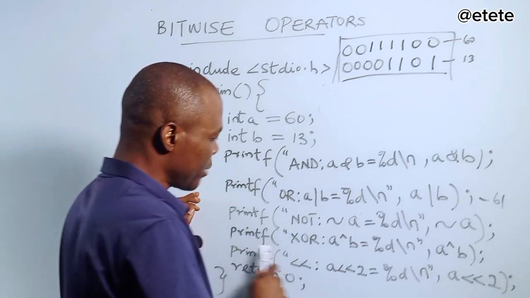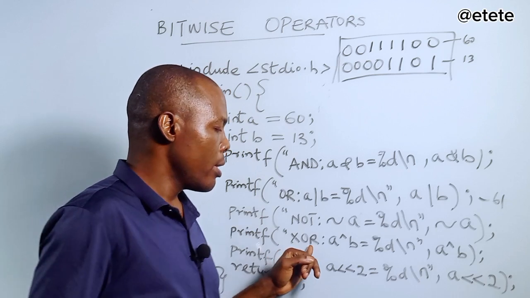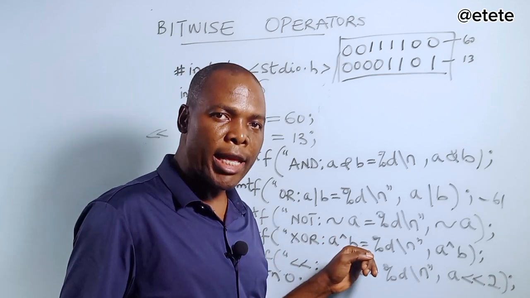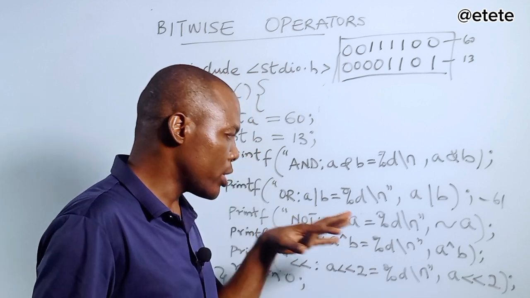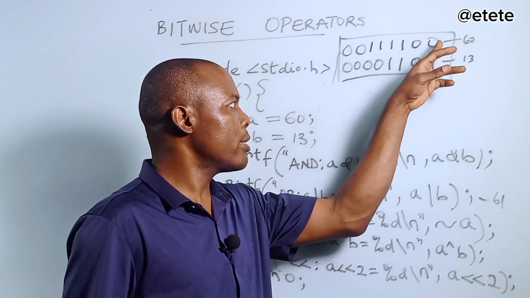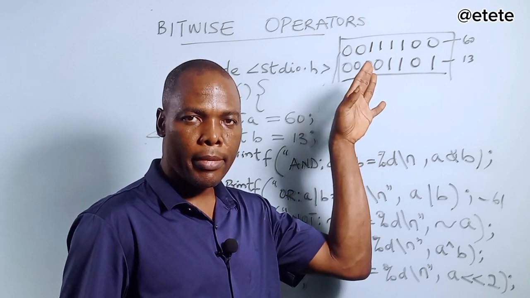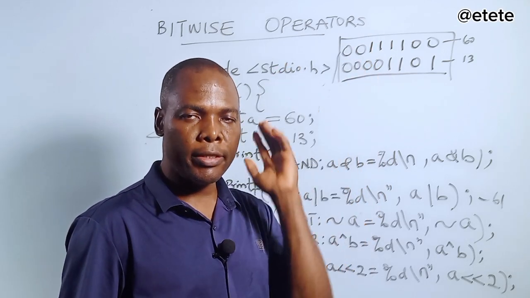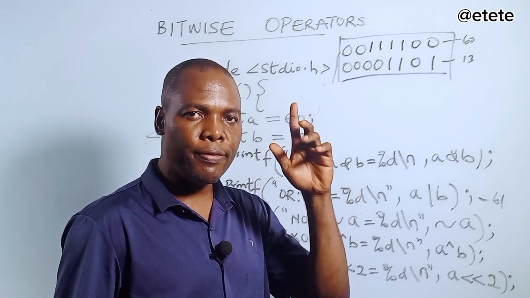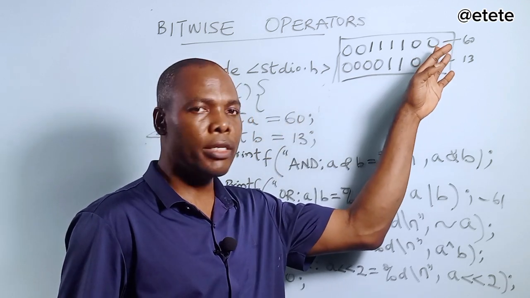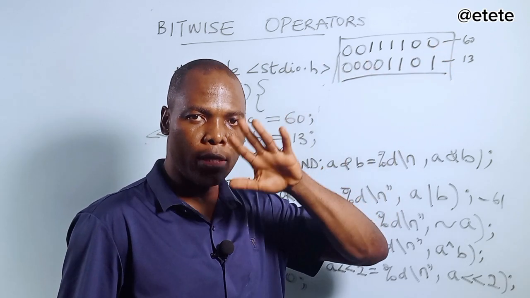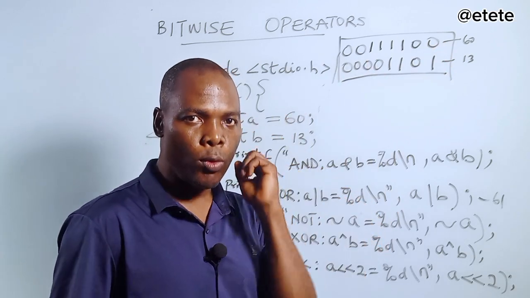All right, so to explain this exclusive OR, the operation of this exclusive OR is such that if the digits are the same, it will return 0. But if the digits differ, then it will give you 1.